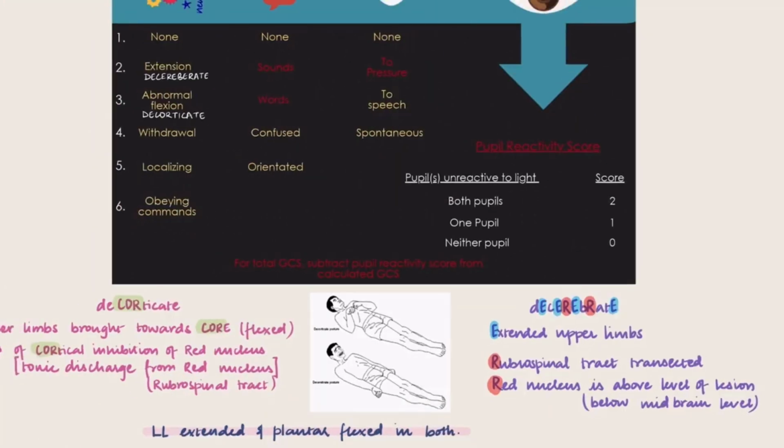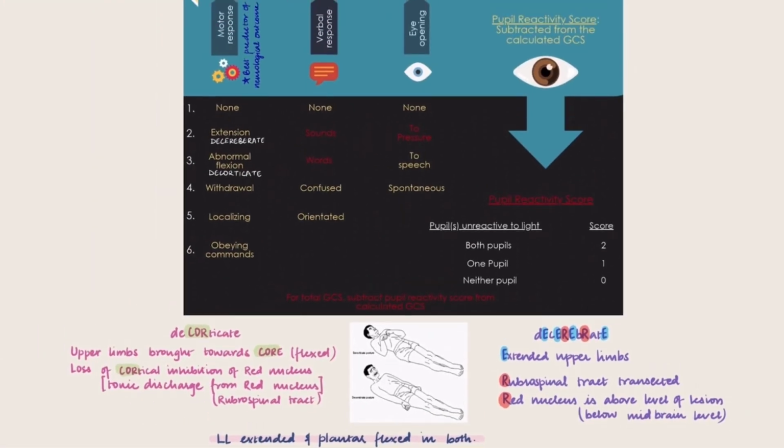Another funny trick to remember which one is the flexion posture and which one is the extension posture is just to count the number of E's. So as you can see, the decorticate spelling has 2 E's and only 2 of the limbs are extended, and the decerebrate spelling has 4 E's that I've highlighted in blue, and you can just see in the picture that all 4 limbs are extended.